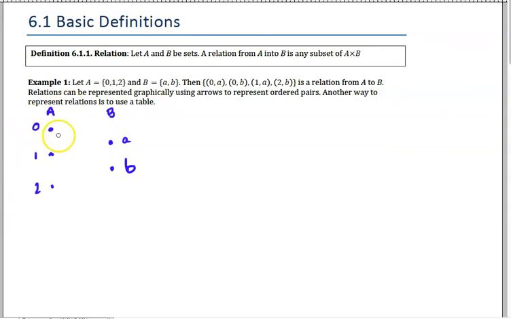Okay, so arrows going from set A to set B, we're pointing towards set B. So because 0 goes to A, we're going to have an arrow going this way. 0 goes to B, we have an arrow. 1 goes to A, and 2 goes to B. Okay, so this is an arrow diagram like this.